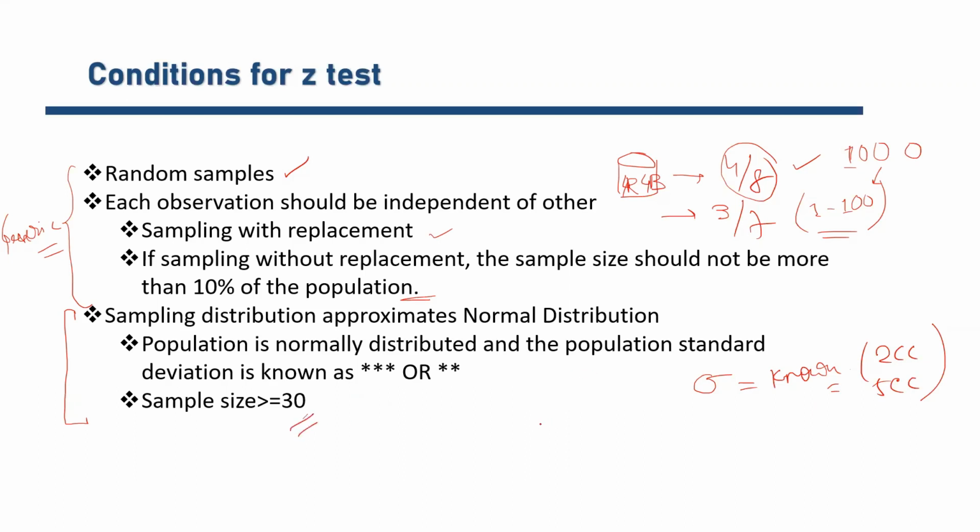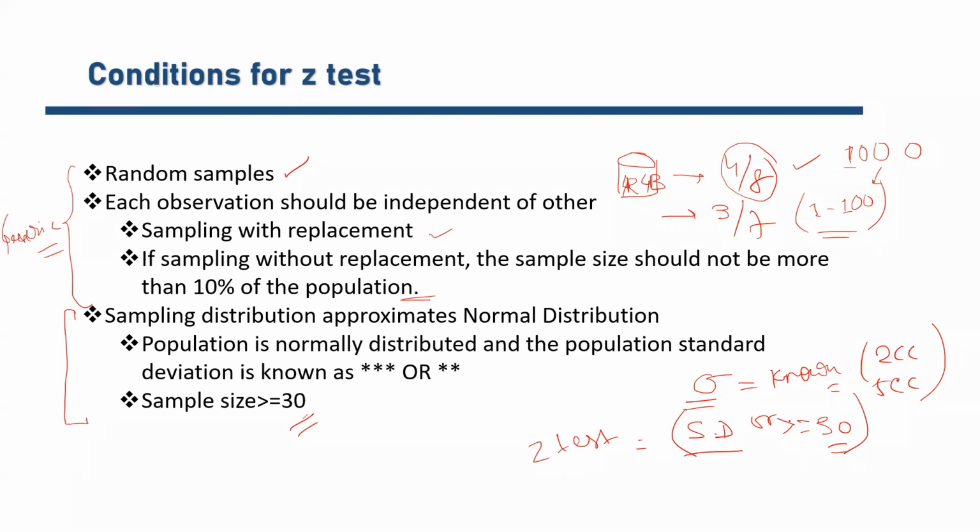If I give you a problem statement where you know the standard deviation, or you know that the sample size is greater than or equal to 30, in that case you will be using a Z test. Got my point?